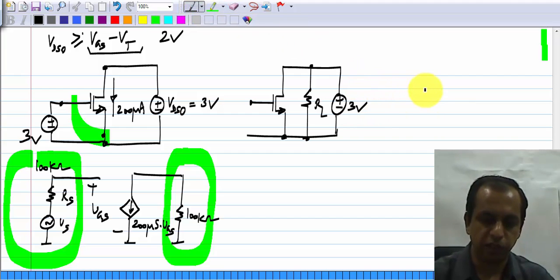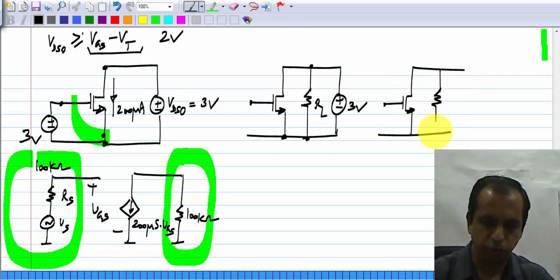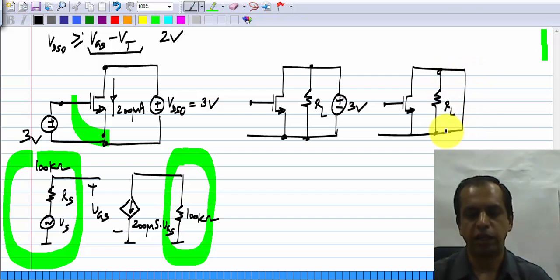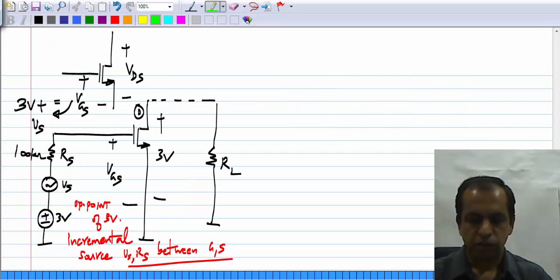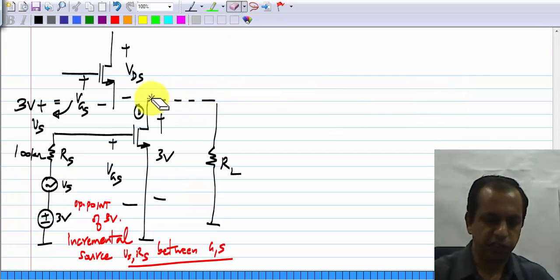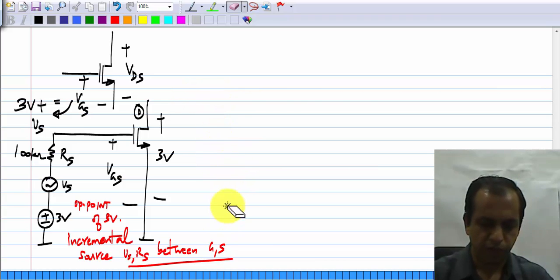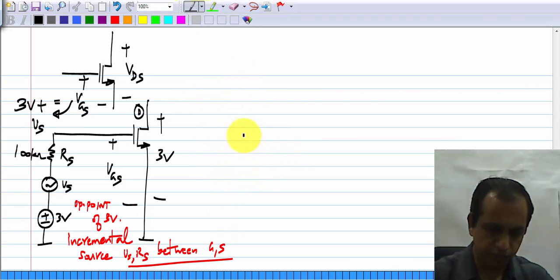So, in the incremental picture, RL will also be there, but it is not relevant, because we will have a short between drain and source. Okay. So, the incremental current source from this simply goes into the short circuit, and there will be no voltage at all across RL. Okay. So, this is not useful. So, with a little bit of reasoning, you can see that the correct way to do this is the following.